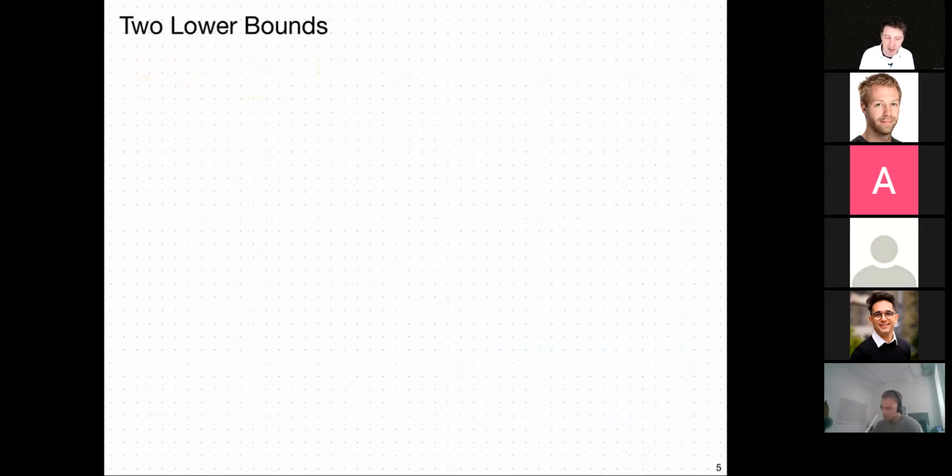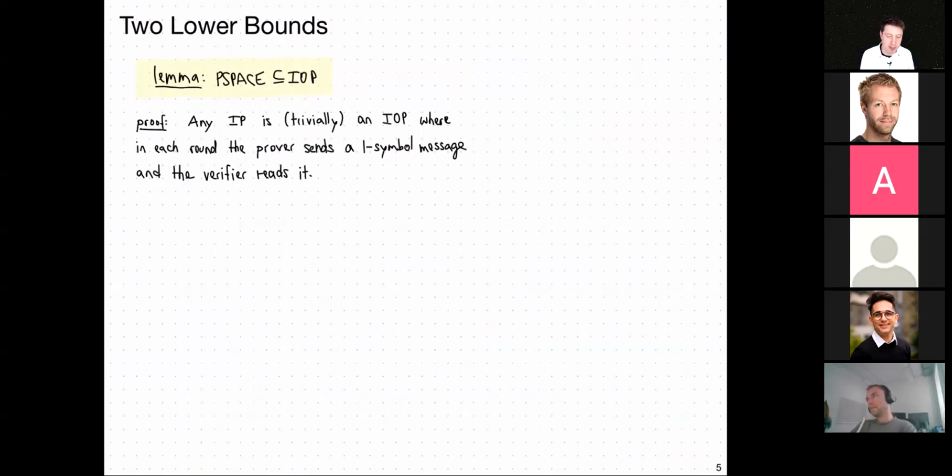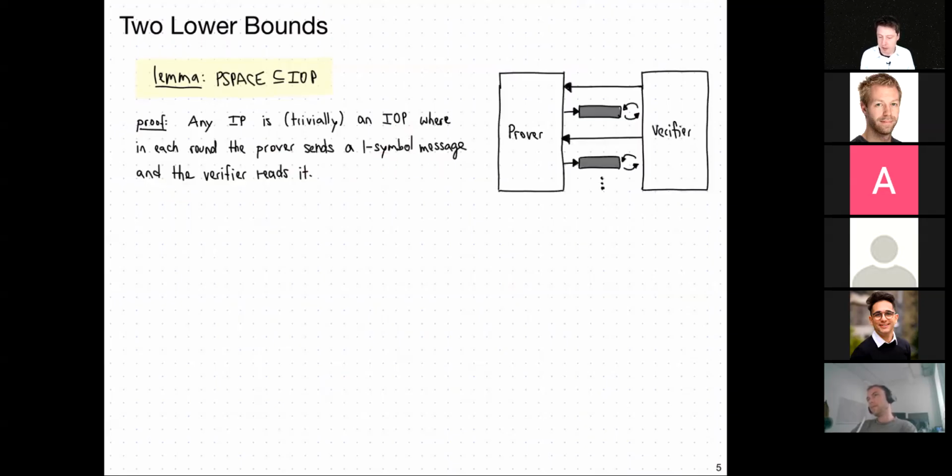Great. Let's talk about two lower bounds. First, there's an easy one. Whatever the complexity class IOP is, it's at least PSPACE. Because any interactive proof is trivially an IOP where in each round the prover sends a one-symbol message and the verifier reads it. It's as if the prover sends this one-symbol oracle, and the verifier reads that symbol.